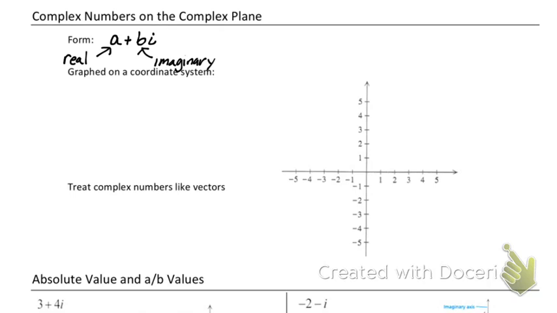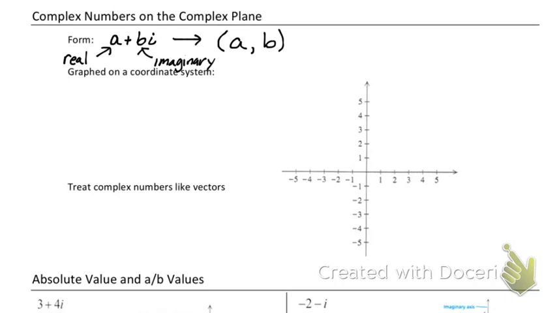So we have a real component, and we have an imaginary component, and then we have an i tacked on the end. But since every complex number comes in this form, we can rewrite this on the complex plane as the point (a, b), where a is my real portion, and b is my imaginary portion.